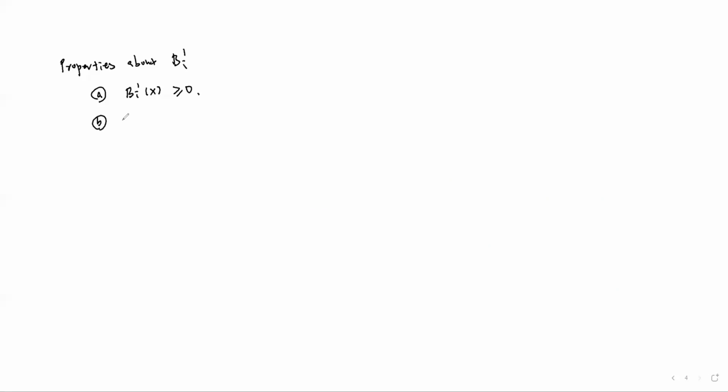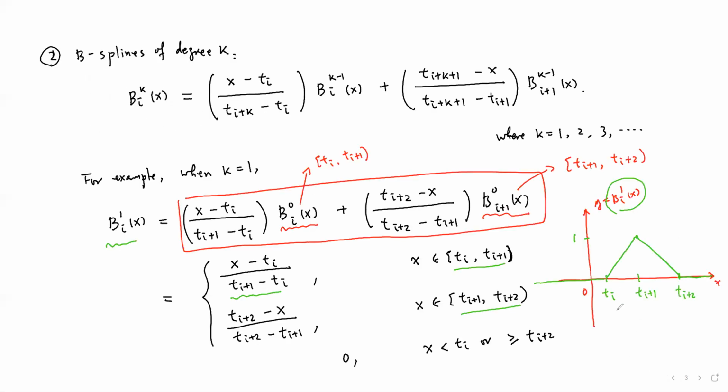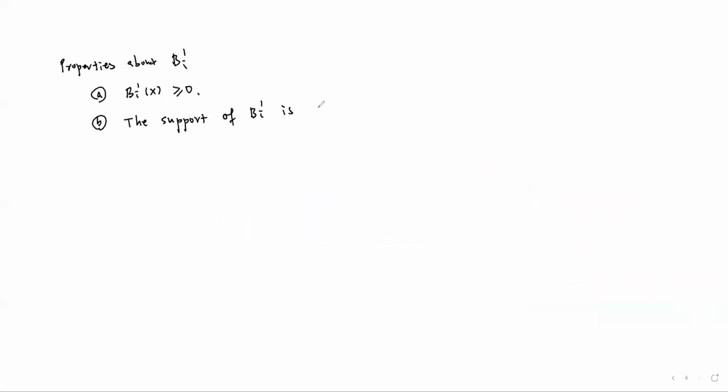B: the support of BI1 is the set of x values where the function is non-zero. From this graph, we can see that for x greater than TI and less than TI plus 2, the function value is non-zero. So the support is the open interval TI to TI plus 2.